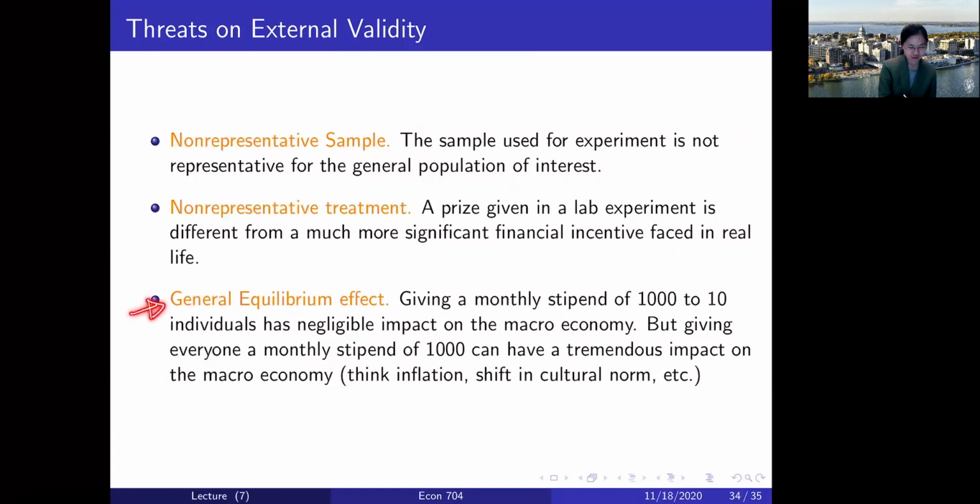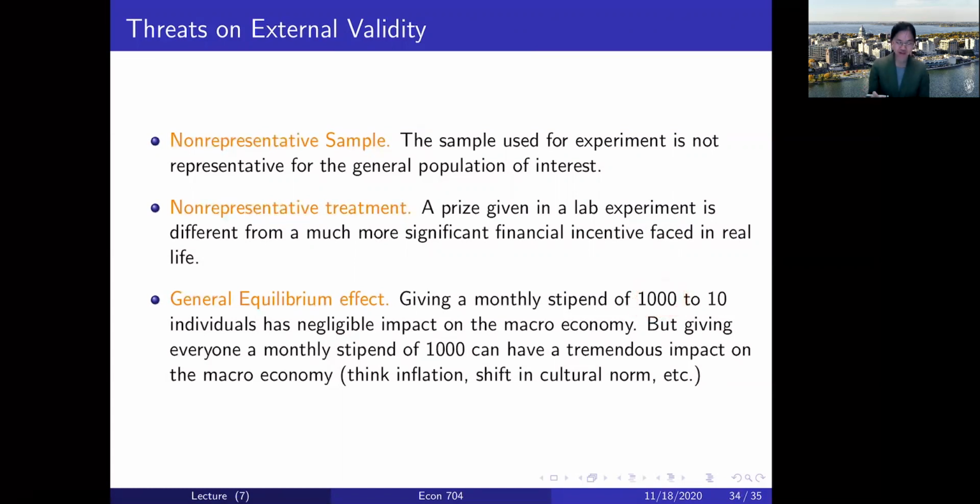And a third important threat to external validity of RCT is the general equilibrium effect. For example, you may have heard some of the politicians arguing for giving everyone a universal basic income, like a $1,000 monthly stipend to everybody in the United States, right?